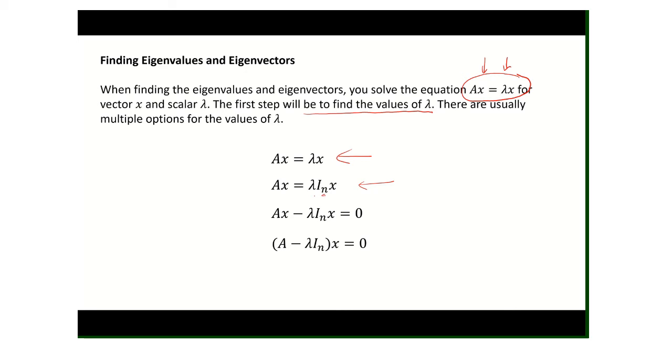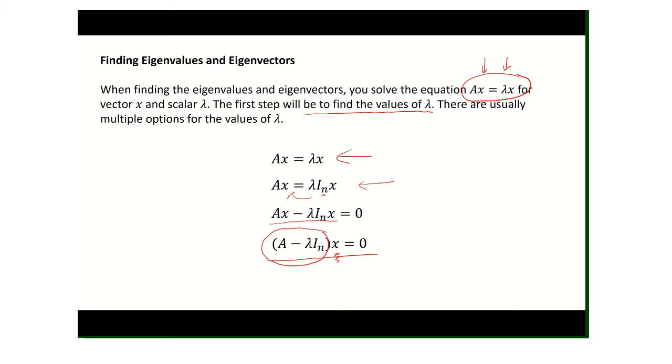Now bring that over to the left-hand side, and you get Ax minus lambda Ix equals 0. And then just gather together your terms, and you get this equation: A minus lambda I times x equals 0. So, that's just a matrix times a vector equals 0.